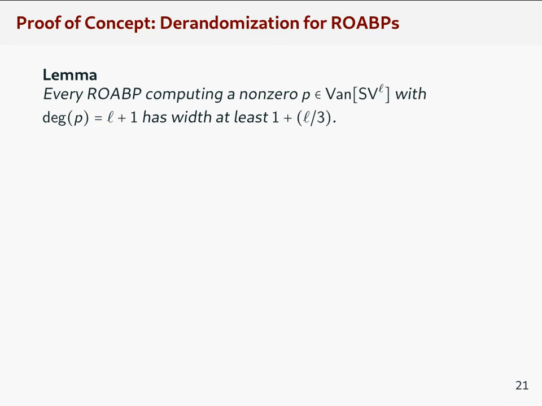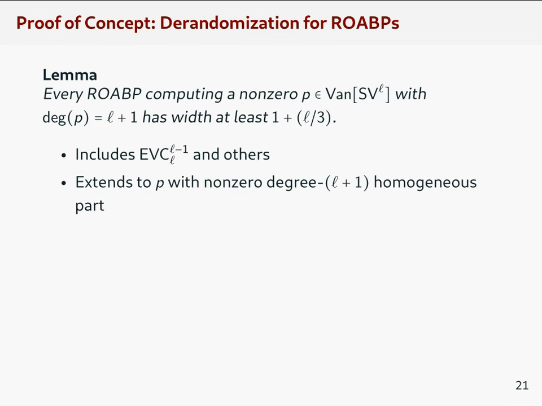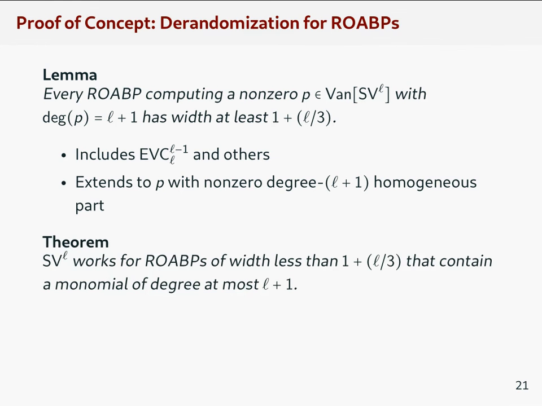So this lemma, this lower bound applies to RFE, L minus 1, L, and others, any degree L plus 1 polynomial in the vanishing ideal, and it extends to any polynomial with a non-zero degree L plus 1 homogeneous part as well. So in terms of derandomization, what this theorem looks like is that SV_L works to derandomize PIT for ROABPs of width less than this bound that contain a monomial with the appropriate degree.